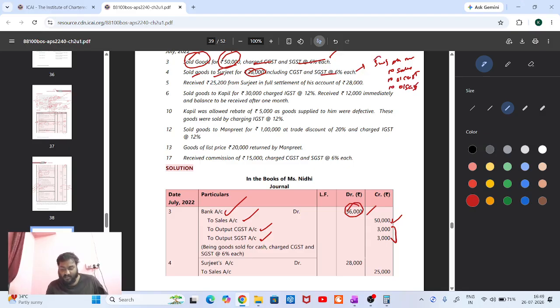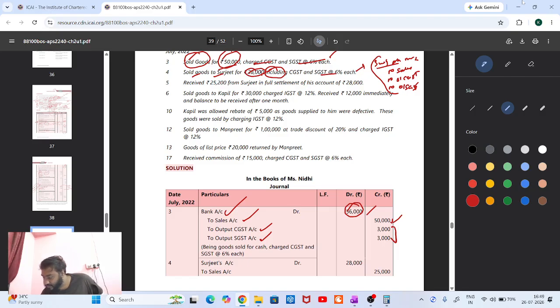Okay, this is the journal entry. Right? Yes, 28,000 including CGST, SGST, let's say. This is 28,000, I guess.